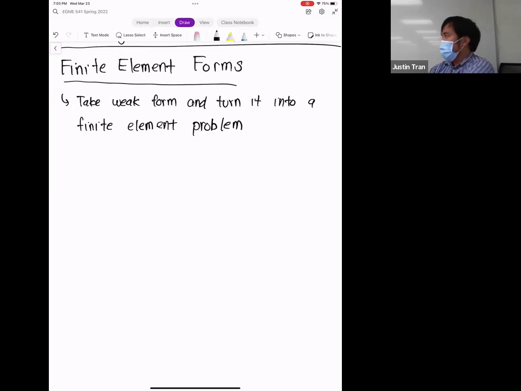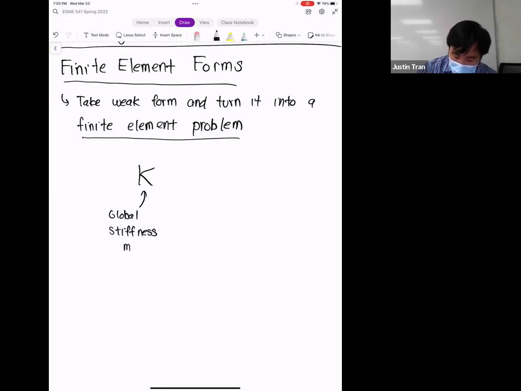By finite element problem, I basically mean an algebraic problem. If you remember from last time, we had a linear system that looked like this, right? We had K, where K here is our global stiffness matrix. This is multiplied by U, where U is our solution vector.